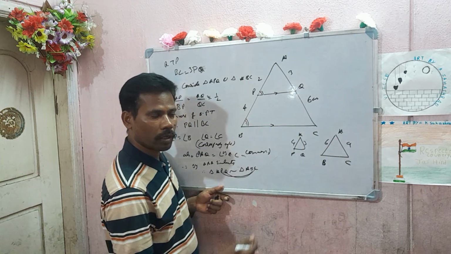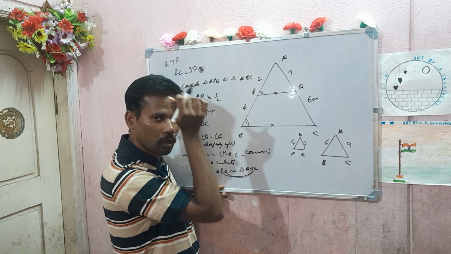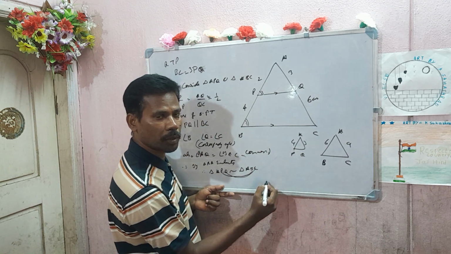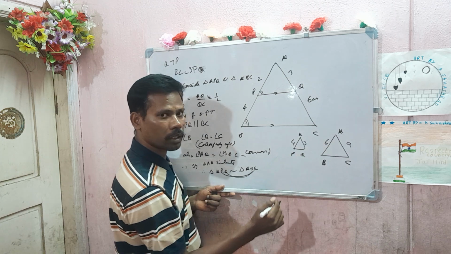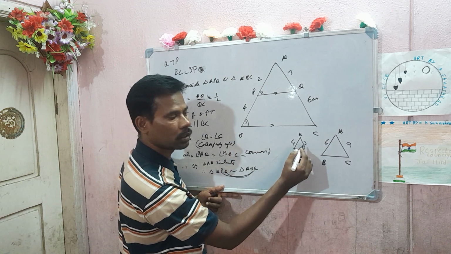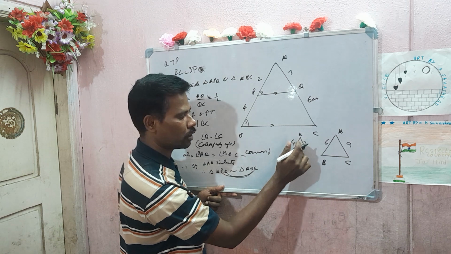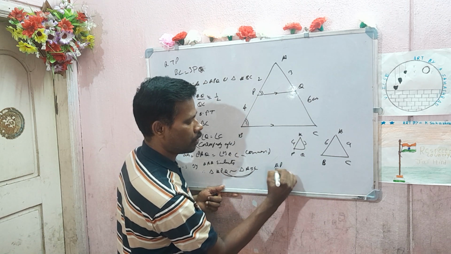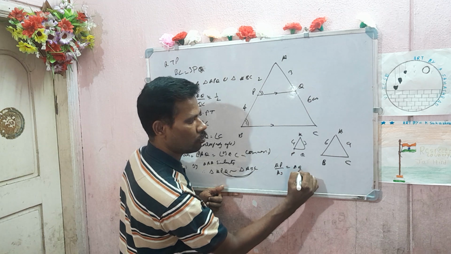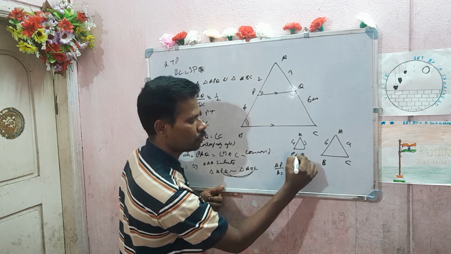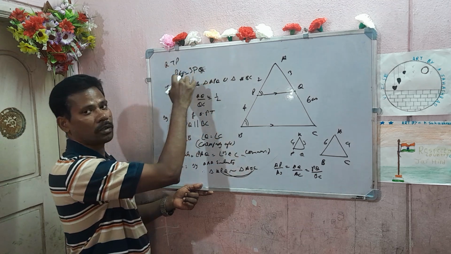Therefore, if two triangles are similar, the ratio of the corresponding sides is proportional. That means AP by AB is equal to AQ by AC is equal to PQ by BC. We have to come to this conclusion.